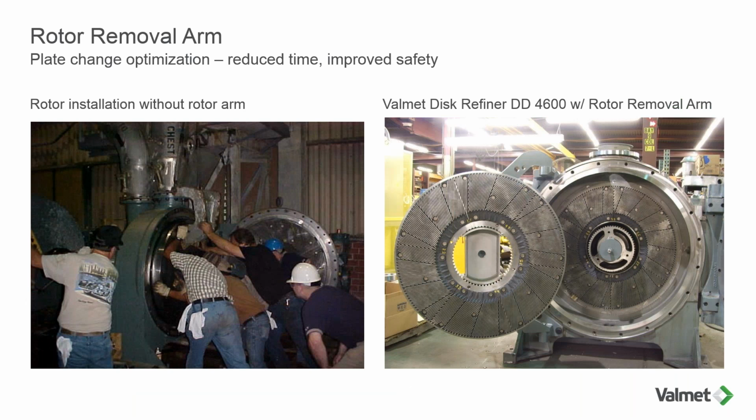And finally, on the maintenance side, is making sure we're able to remove those plates in a timely manner and safely. So in the past, you had 17 guys out here trying to change a refiner plate, one pushing, the other one holding something up, and then you had an overhead crane holding up a segment while 3 people were standing under it. So we made life easier with this rotor removal arm.